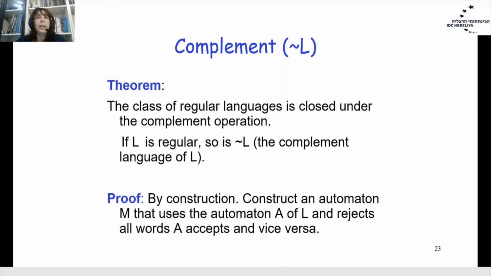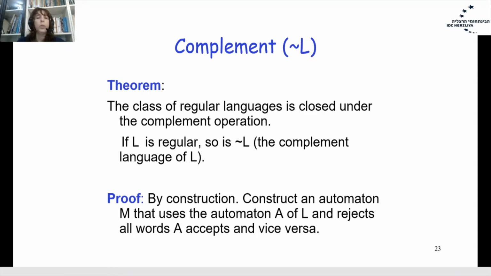We built an automaton that accepts all words that have substring 110, and later we built an automaton that does not accept all the words having substring 110. So basically we know how to build a complement automaton.